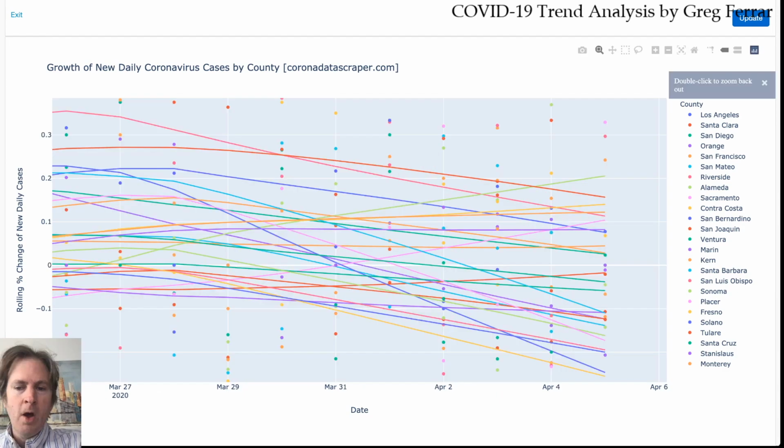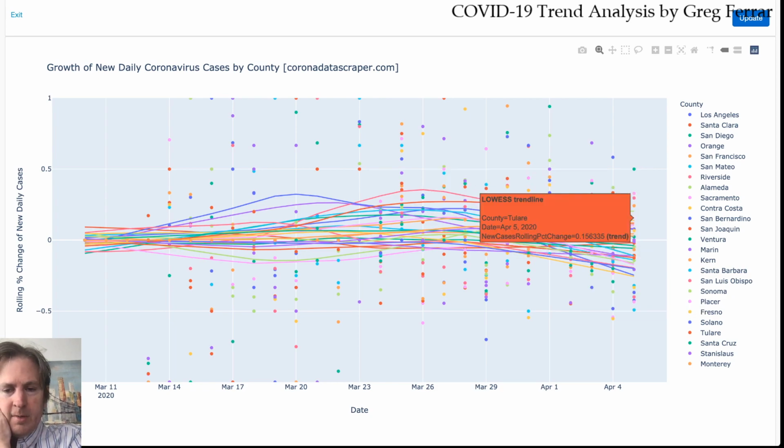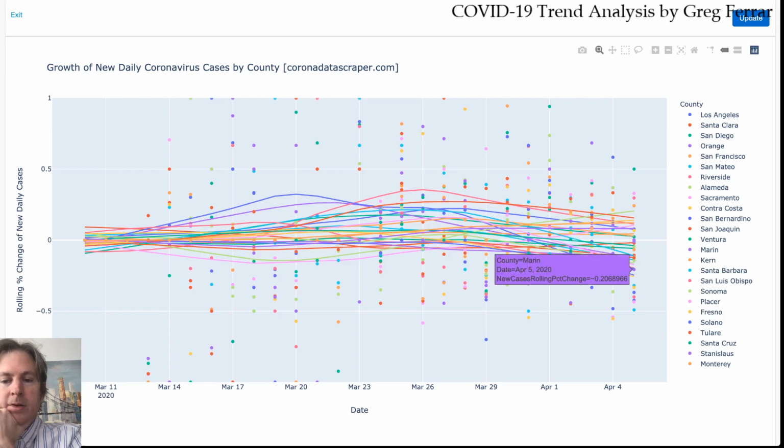So, California, actually, let's look at the big picture. Lo and behold, the rope chart, it is a firm rope here. We don't have any outliers, really. Everything's within this nice envelope from the worst, which is around Tulare, to the best, which is Fresno. And we see all of them trending downward in their total growth and their growth rate of new cases per day.